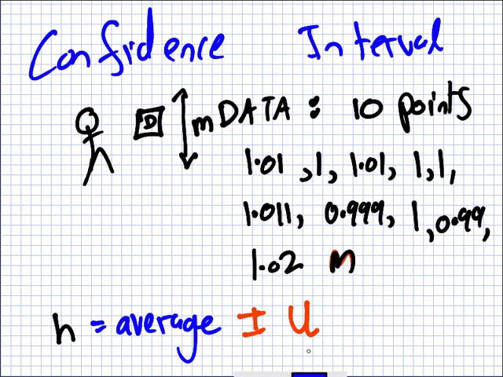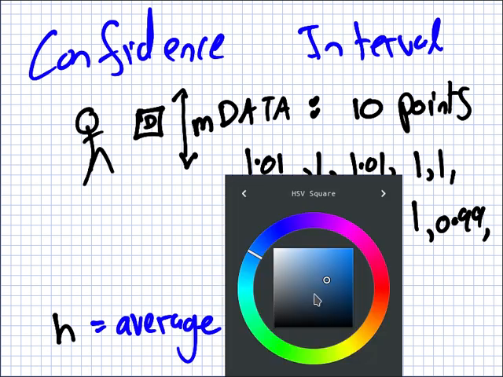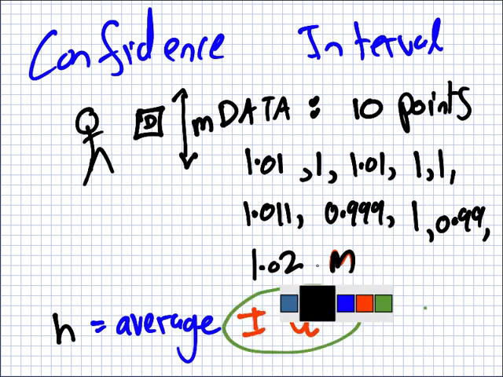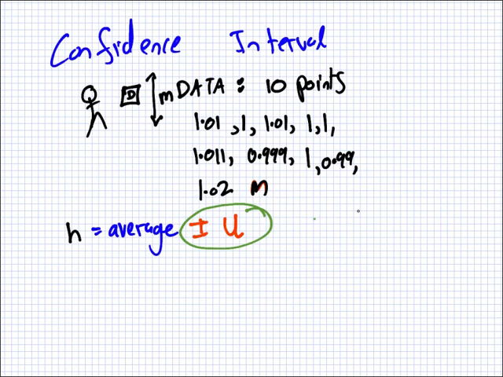And what we want to learn today is to calculate this. Now, it's actually not so difficult to calculate. What you do is you say that the true value, which we'll call mu, is going to be between two numbers.